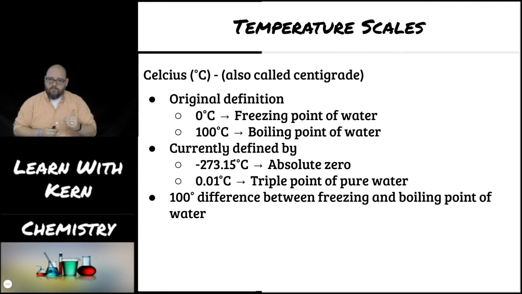So you'll notice that freezing and boiling of water has a big deal to do with this. It's because water is so incredibly abundant on Earth, and it's got a very wide range between freezing and boiling point. We'll get into that more in another unit.